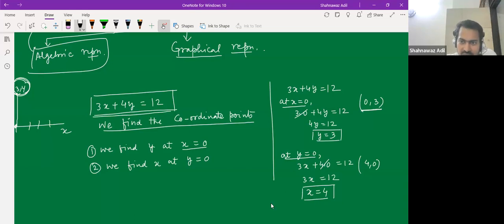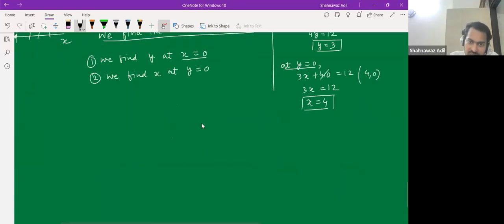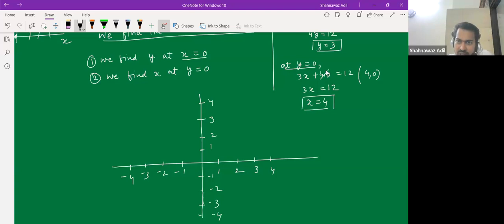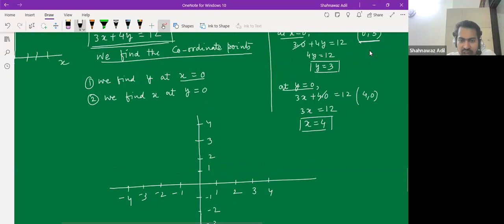The graph of this equation would be, so this is 1, 2, 3, 4, -1, -2, -3, -4 on the axes. So the first point is 0 comma 3. In the x direction, how much do I move?